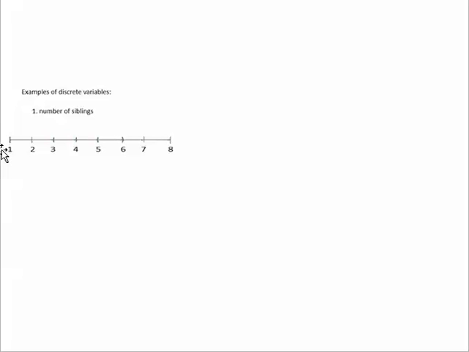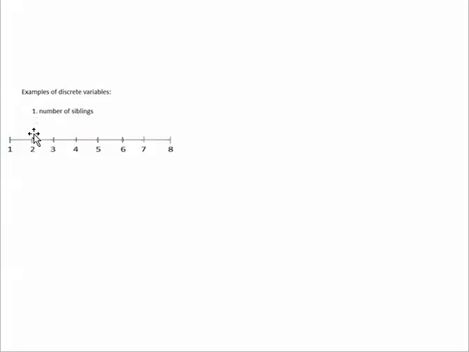A person could have 0 siblings, a person could have 1 sibling, or a person could have 2 or 3 siblings. But a person can't have a number of siblings in between those numbers. For example, a person couldn't have 0.3 siblings right here, or 0.7 siblings, or 1.2 siblings.